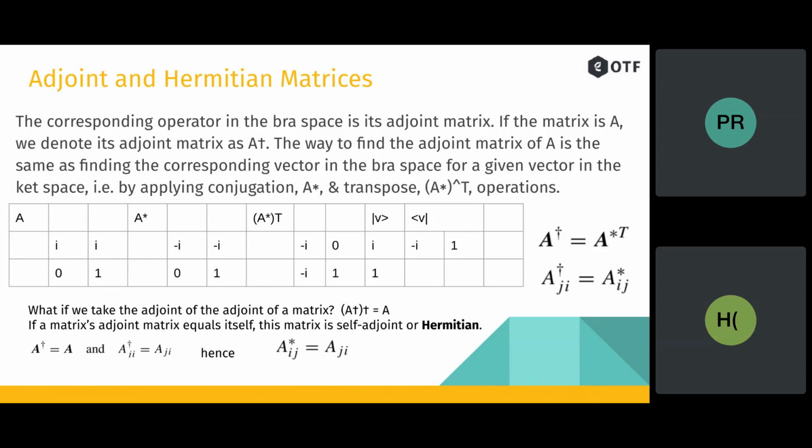Then you can play with it. It doesn't matter whether it's the ket space or bra space, which is what we want for quantum computation, and therefore that's what it means. So the adjoint of a matrix is nothing but the complex conjugate of it, transposed, and if you find that it turns out to be the same matrix, then you have achieved what you want, which is a Hermitian matrix.